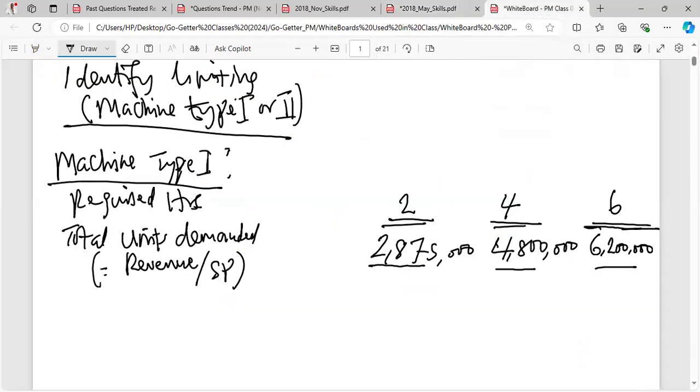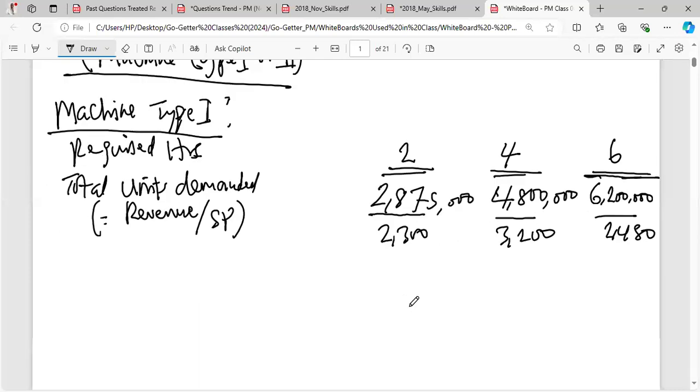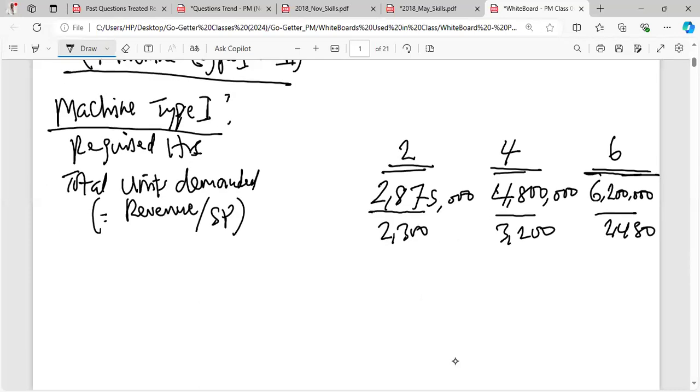This is 2,480. This is 2,3, and this is 3,2. Let's confirm. Yes. Then when we do the division here, we are going to get these answers.